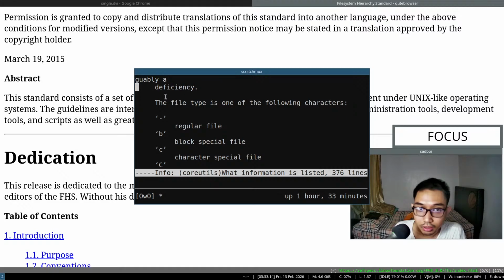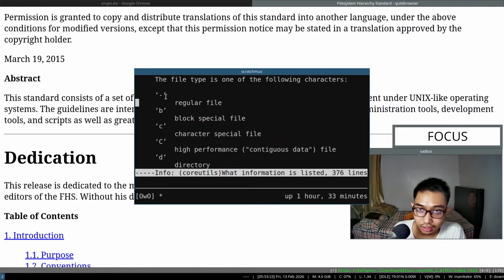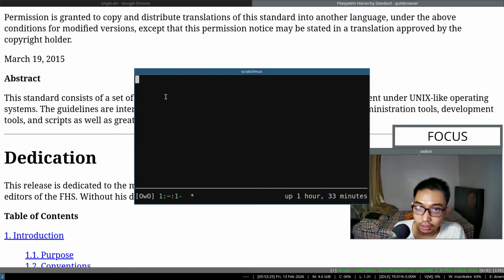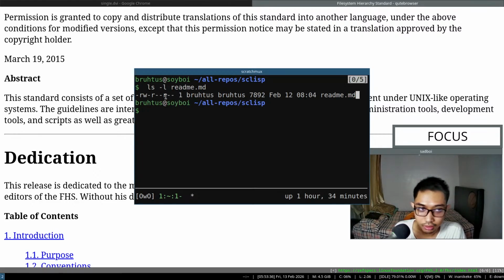Oh, maybe this one. The file type is one of the following characters. See, there is regular file. For example, let's take a look at this. Let's just use readme. If there is this dash right at the beginning, this means this is a regular file.